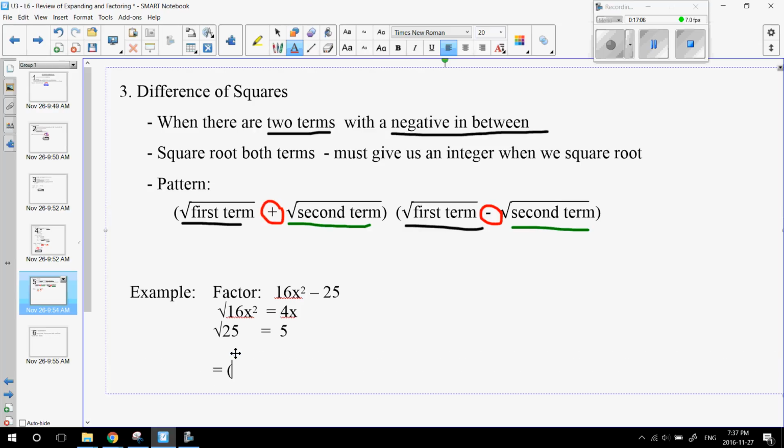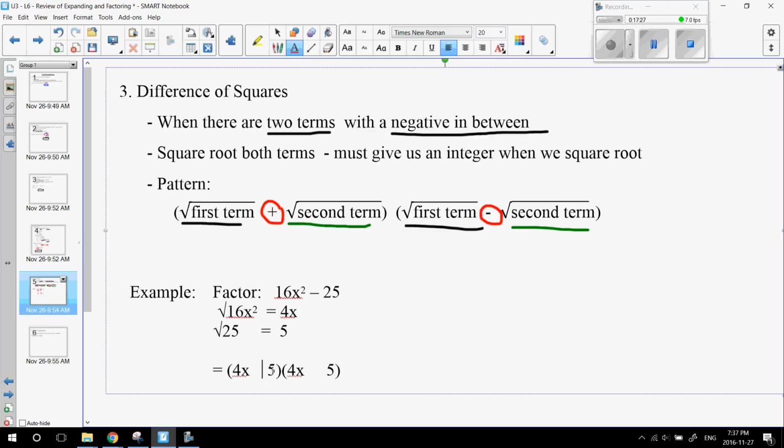So then in our final answer with our brackets here, the square root of our first term is a 4x. So that goes in the first part of both of our brackets. Then the square root of our second term, the square root of 25, that's a 5. So that goes in the second part of each of our brackets here.